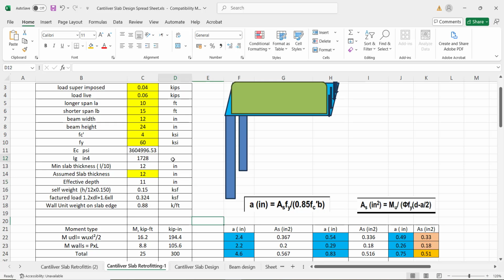Okay, these are the units: this is inches, this is psi. This is in inches.